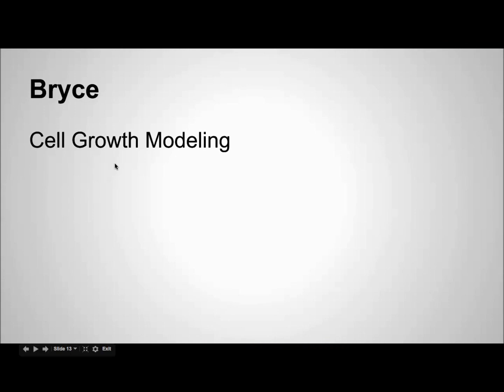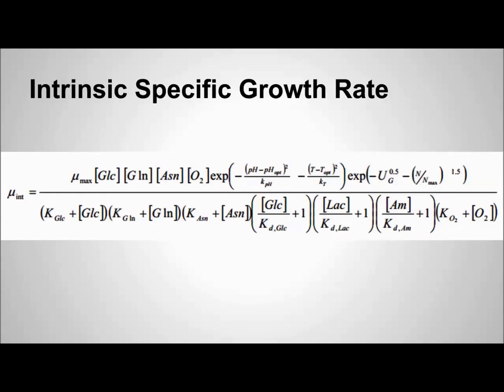Alrighty guys, my name is Bryce and I did the cell growth modeling for this project. So to start off, I did the specific intrinsic growth rate. I found this equation online in an article, and it models the specific growth rate for our cells. As you can see, it inputs the concentration of glucose, glutamine, asparagine, and the concentration of O2.